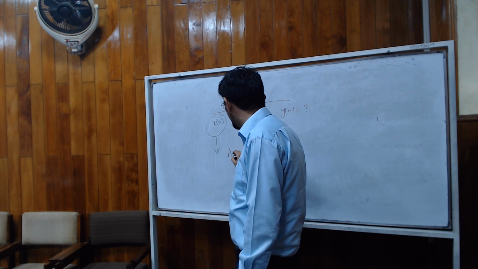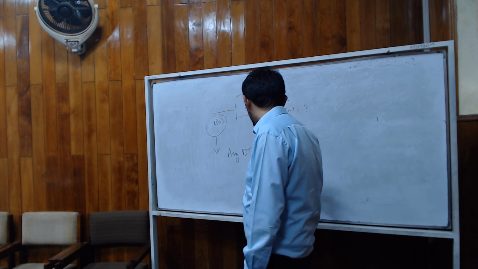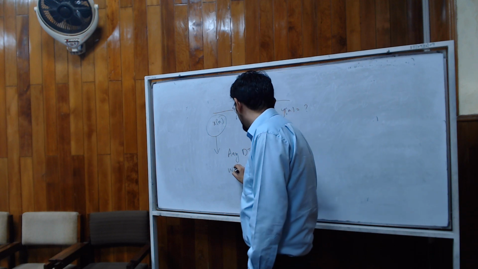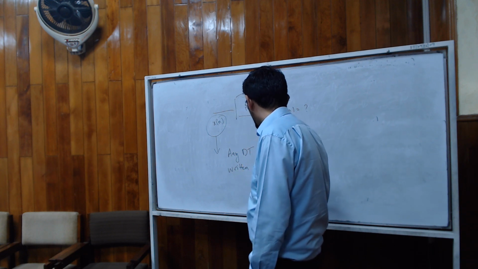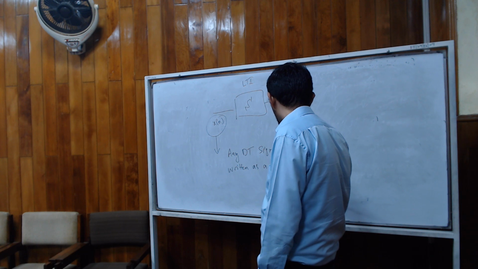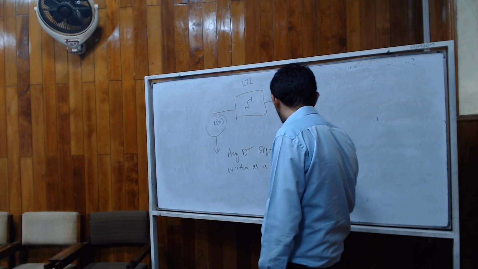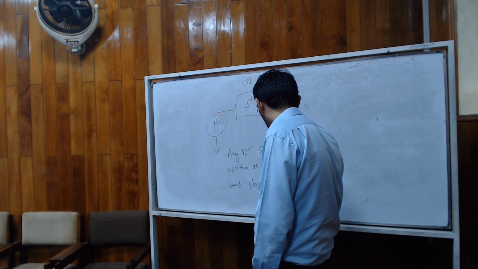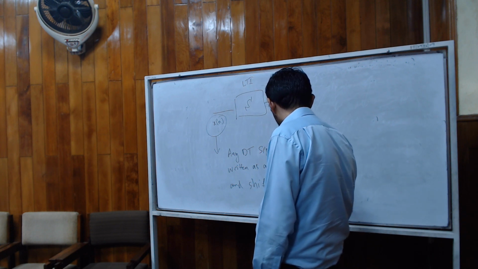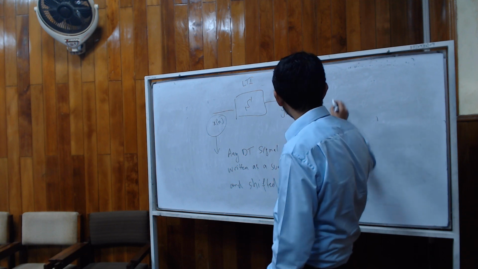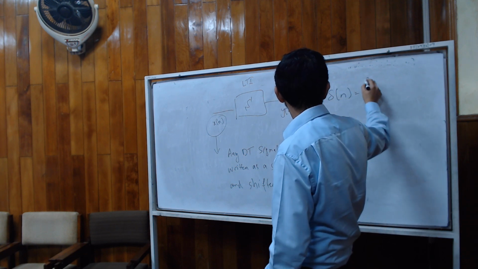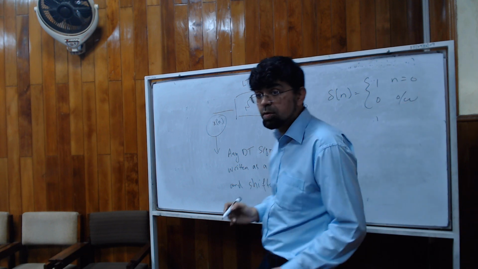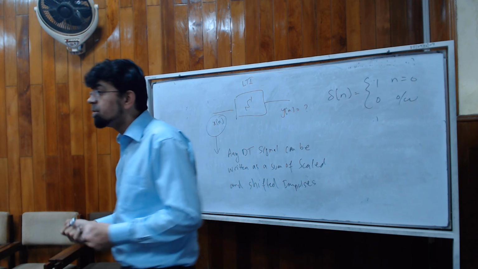This is it: any discrete time signal can be written as a sum of scaled and shifted impulses. Impulse means delta function. This is the discrete time delta, which we also call the impulse.